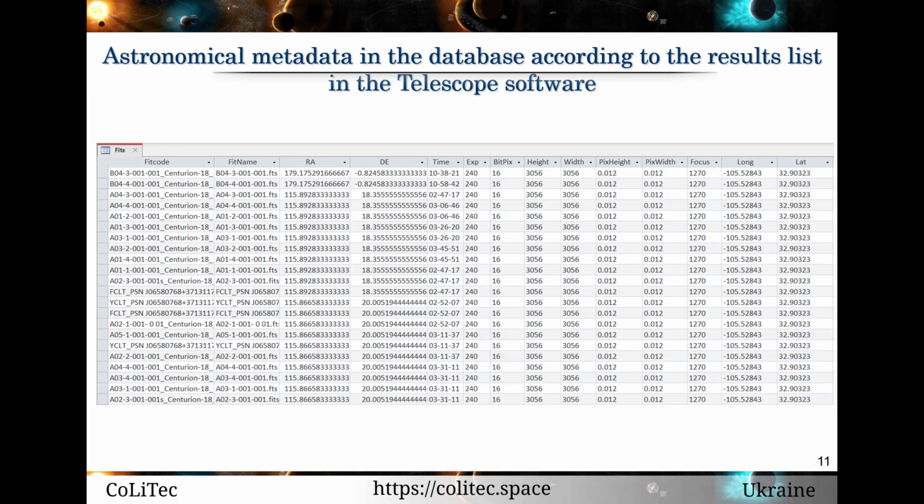The following stack of technologies was used for the software development: C# programming language, .NET platform, Windows Forms technology, and MDB database file for Microsoft Access database management system. On this slide, you can see an example of the filled-in astronomical metadata FITS table in Microsoft Access.